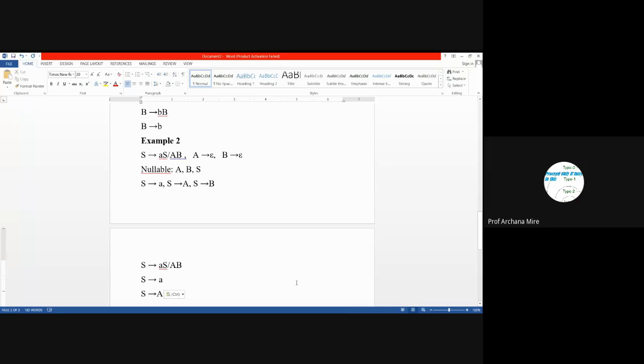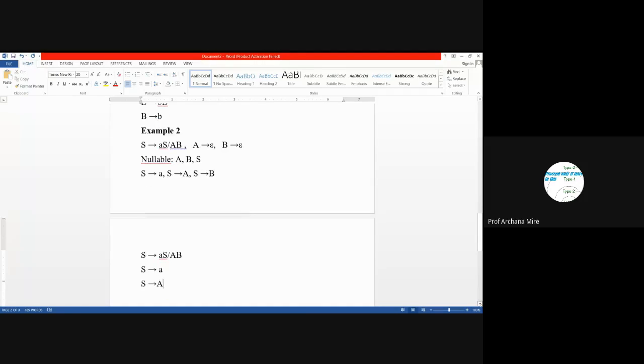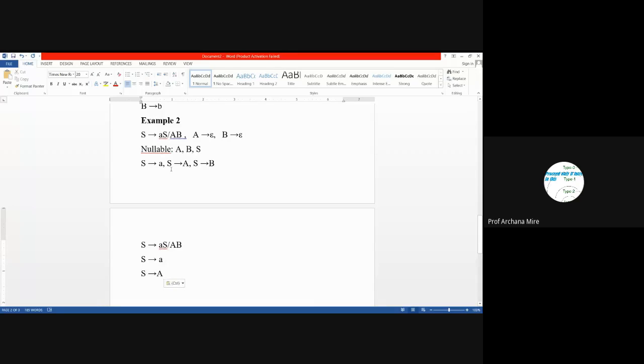Then next production rule, we have inserted S leading to A. Next production rule will be S leading to B. So insert this production rule as well. Then next production rule is what? Next original production rule was A leading to epsilon. Since it is A leading to epsilon, we cannot insert it in our newly formed production rules because we want to rewrite this grammar by removing these epsilon productions.